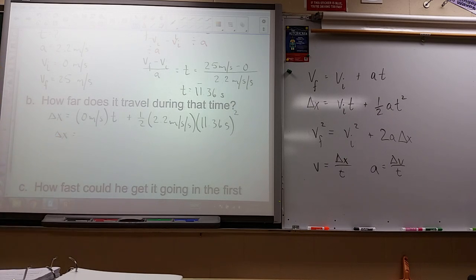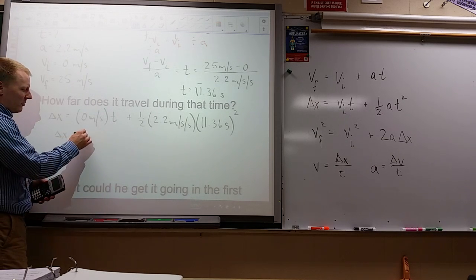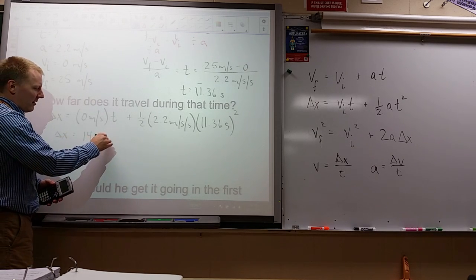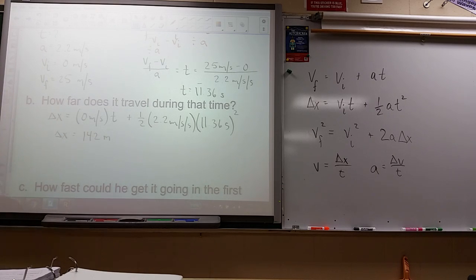The square is very commonly missed, is what I'm trying to say. So we don't care about the first term since we started out at 0. So we get 0.5 times 2.2 times 11.36 squared, or 142 meters. Well, wouldn't it be 140 since we only have 2 sig figs? You are right. Yep. 140. Thank you.